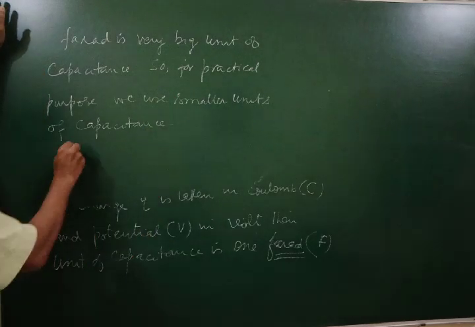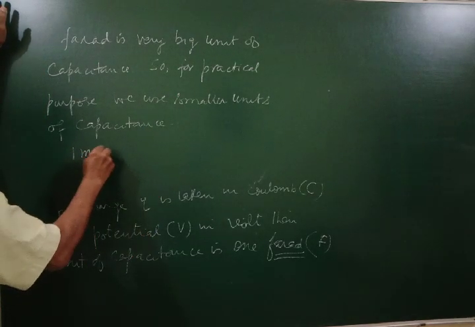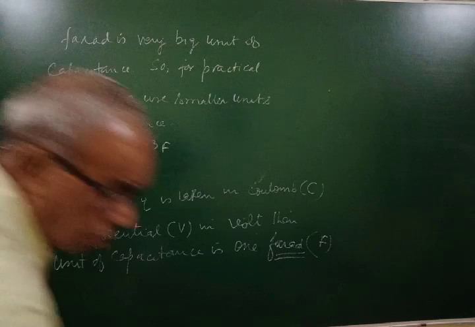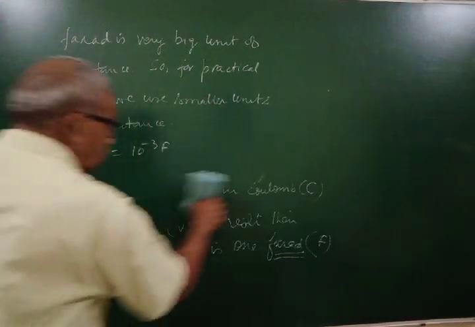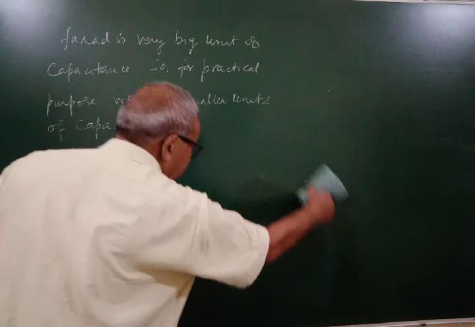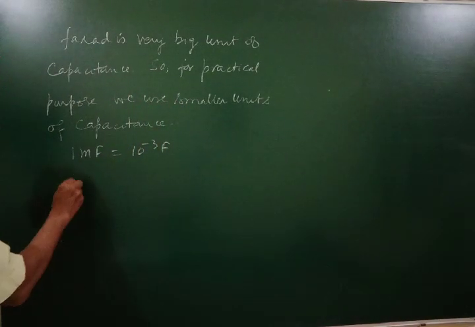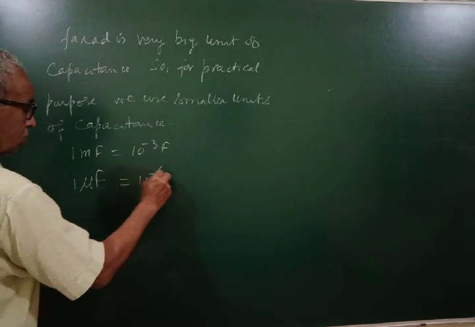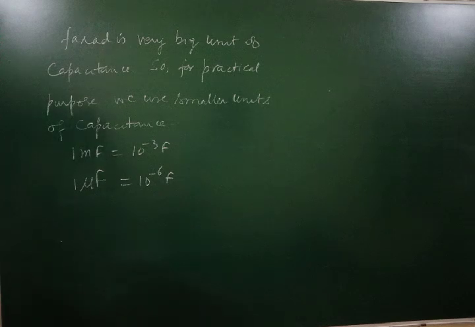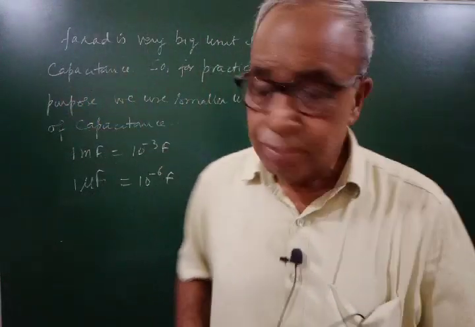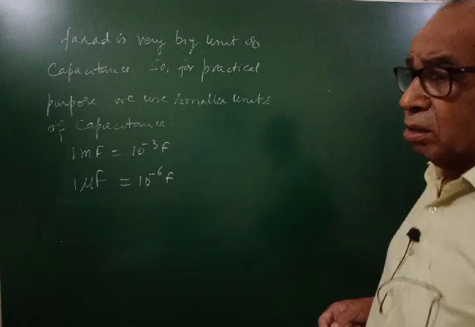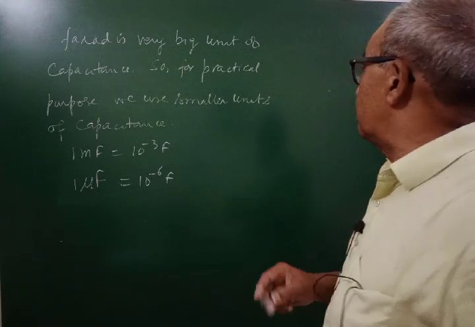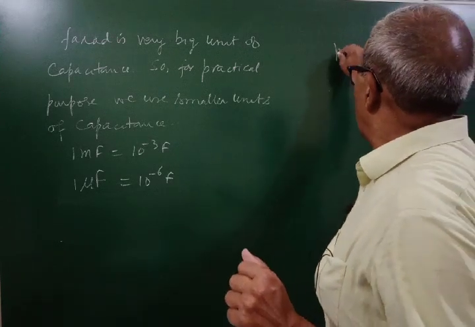Then 1 millifarad is also used, but it is still large. Most commonly used are microfarad and nanofarad. 1 microfarad, capital F, is 10 to the power minus 6 farad. In class 11 there is a table in the last pages which tells you prefixes and powers of 10, like kilo.